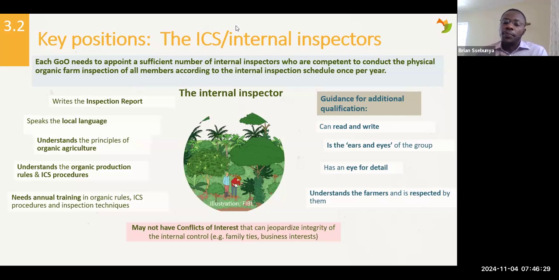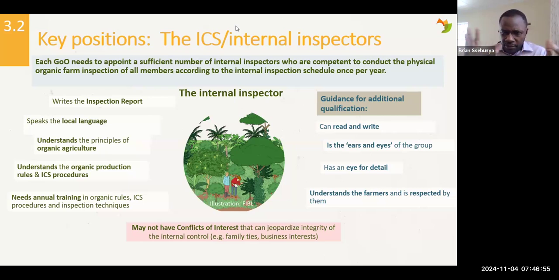Just like for the ICS manager, we also need to protect against any conflict of interest that can jeopardize the integrity of the system. Meaning, farmers can actually be internal inspectors, but then they don't inspect within the same group.